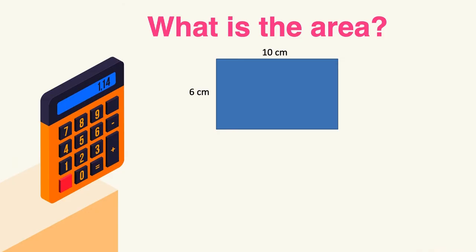Let's do a quick review. Last lesson, we learned about finding the area for squares and rectangles. Can you remember how to find the area? What is the area of the shape shown on the screen? Remember, to find the area, we must multiply the length times the width.